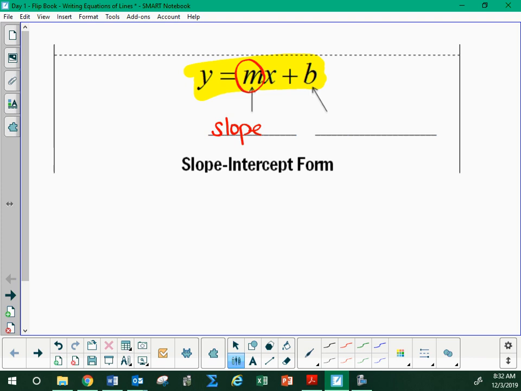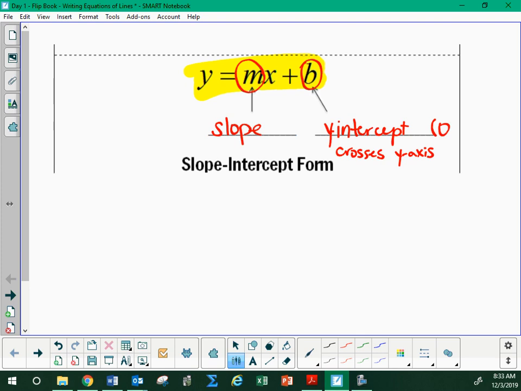Alright? And then our b value here, this is our y-intercept. Who can remind us what the y-intercept is? Like, what does that mean? The line that crosses the y-axis. Very good. If you're graphing this, that's where you usually start. As Eric said, when we're graphing, that's what we start off with.